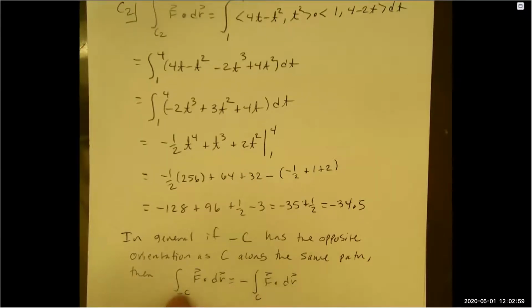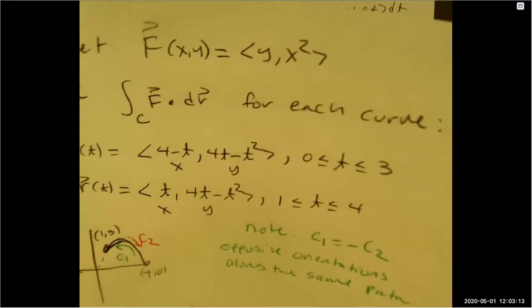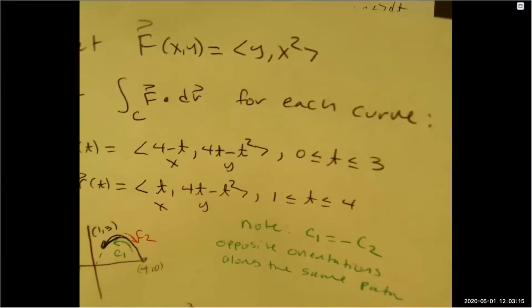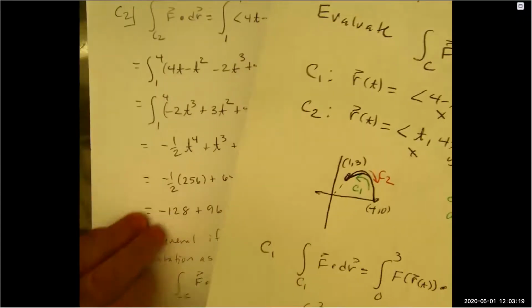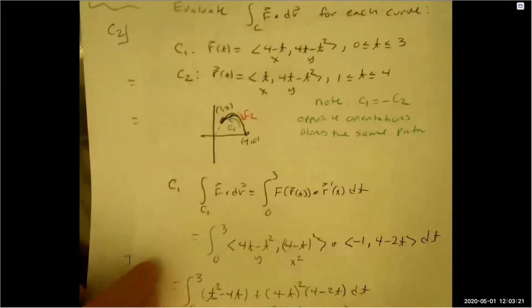So if you reverse the orientation, you just change the sign on the integral. It changes it to negative. So that's a general property that we're going to see. Questions on this example?